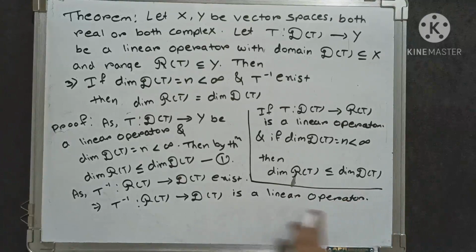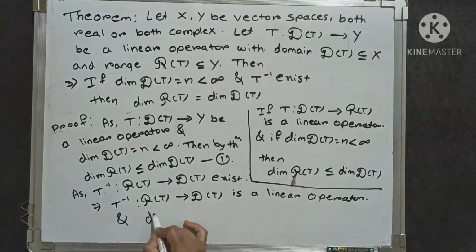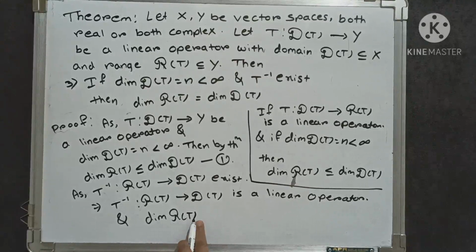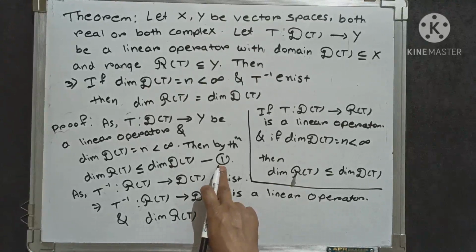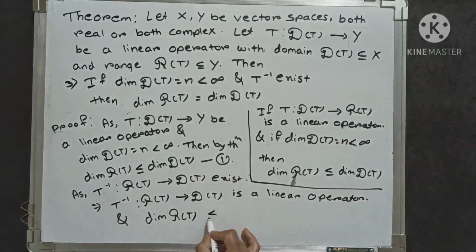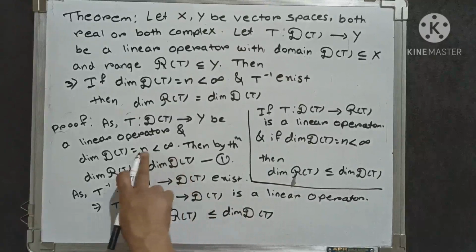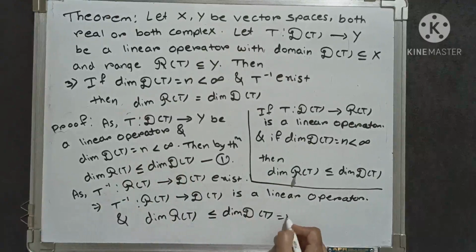Now we use this theorem again, as it is a linear operator and its domain is now script R of T. Here, from equation 1, the dimension of script R of T is less than or equal to the dimension of script D of T, and the dimension of script D of T equals n, which is less than infinity.